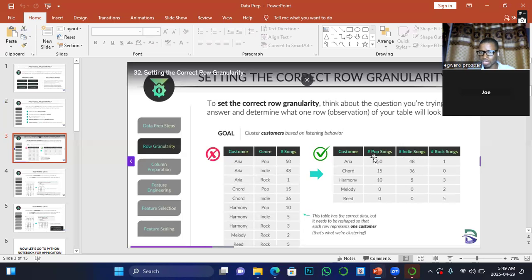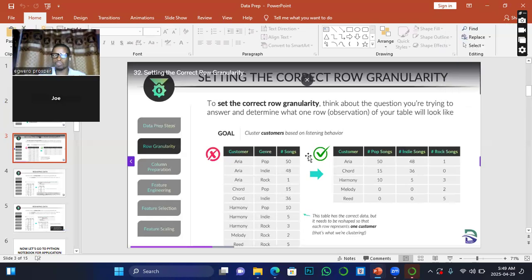So what has happened here now is a typical example of the row granularity. That is a process of either reducing the height and increasing what? The width of your data. Now, there are functions you use to achieve that. So if you check this explanation here, I said this table has the correct data, but it needs to be reshaped so that each row represents one customer.